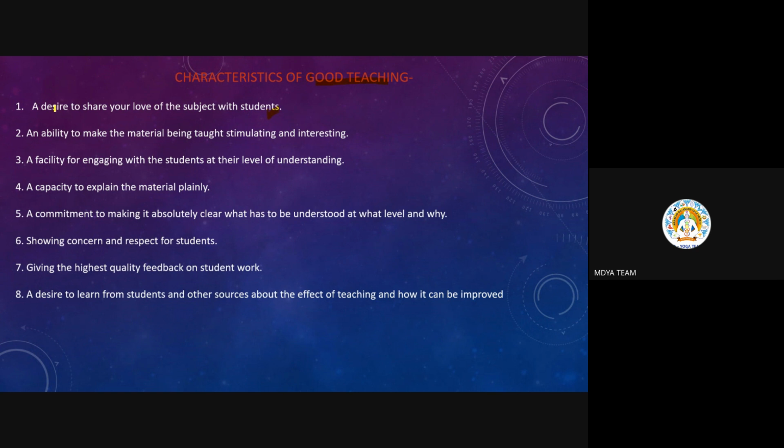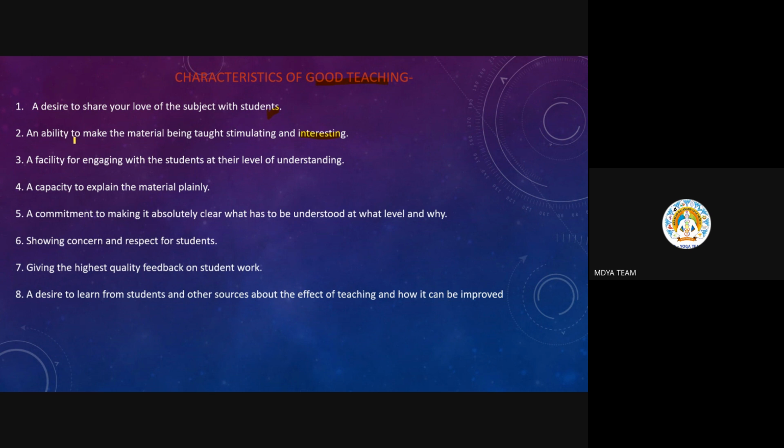So good teaching is a desire to share your love of the subject with the students, and an ability to make the material being taught stimulating and interesting. All these topics you can find in your book. And what is the need of the class?